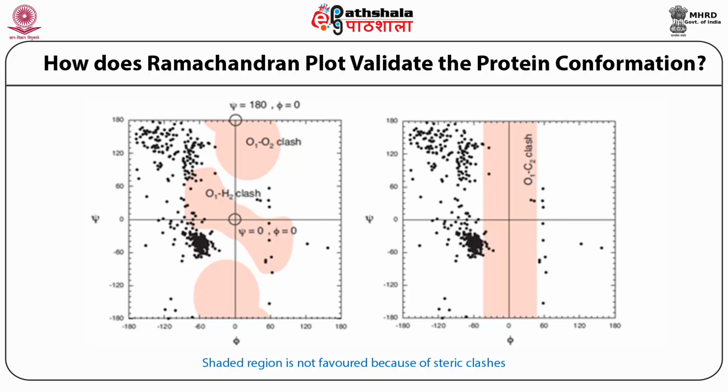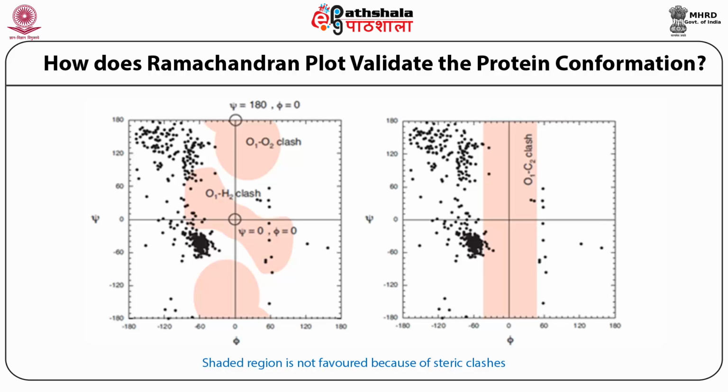In the picture you can see some areas are shaded, meaning some phi-psi combinations are disallowed, or even we don't need to say disallowed, at least we can explain these are the areas where steric clashes are more, meaning atoms will collide with each other. So this type of phi-psi combination is energetically unfavorable.